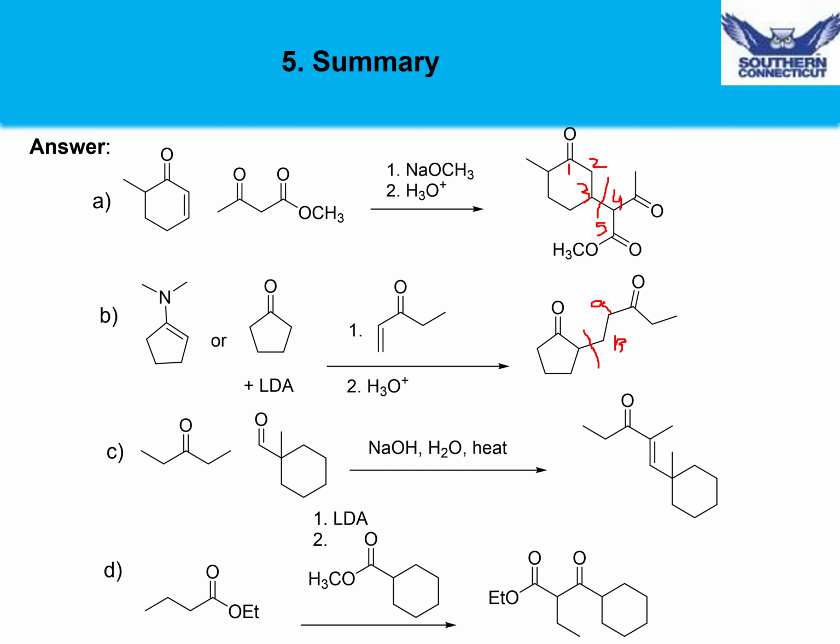The next example is an example of an aldol reaction. So if we use a ketone and we add base, we should remove one of these protons. Because the ketone is symmetrical, it doesn't matter. Then that enolate from the ketone would add to this aldehyde. Notice this aldehyde does not have alpha hydrogens, so it can't form an enolate.